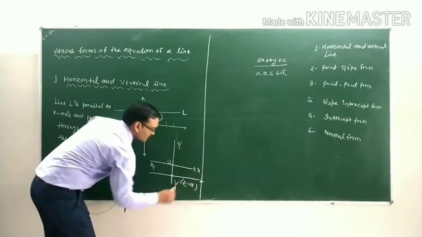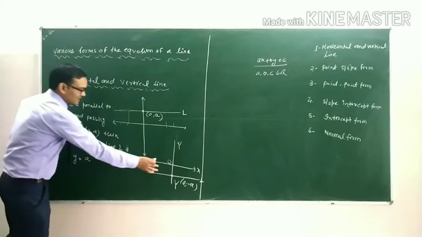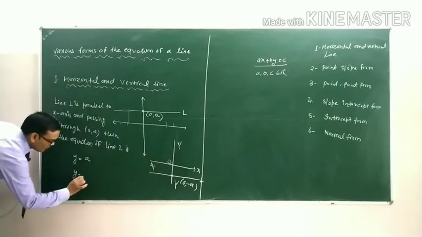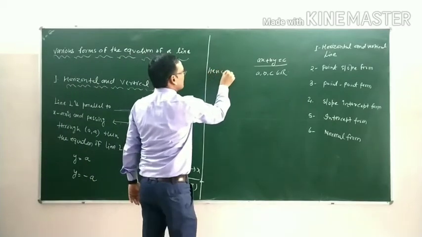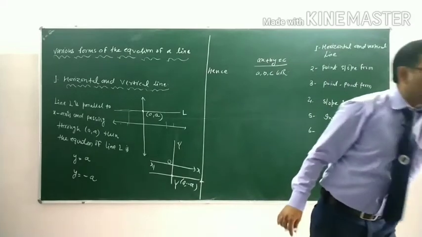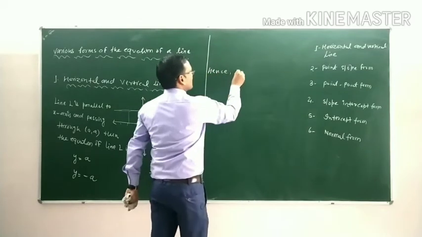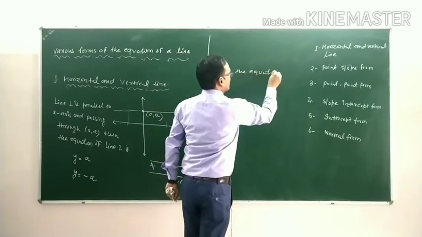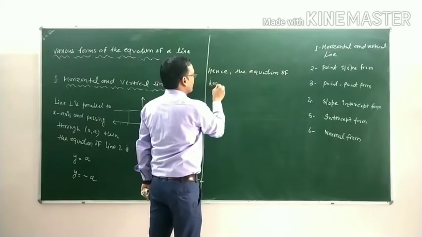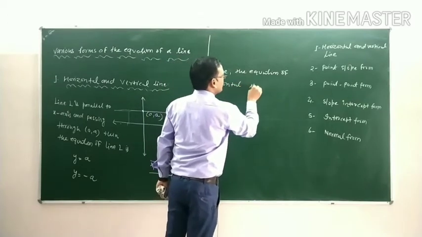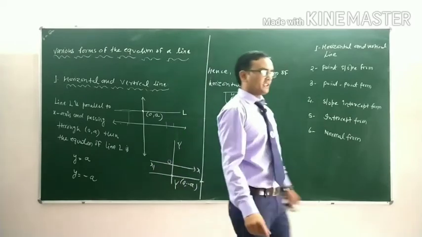The coordinate of this point is (0, minus a). Then the equation of the line in this condition is y equal to minus a. Hence the equation of a horizontal line is y equal to plus or minus a.